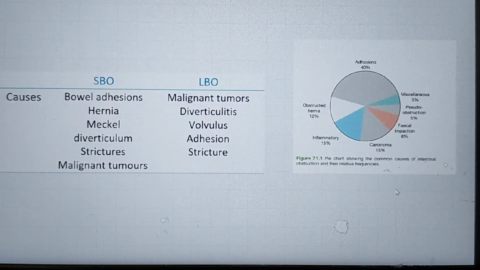Okay, so this is a table of the common causes of small bowel obstruction and large bowel obstruction, and also a pie chart showing the causes of intestinal obstruction. Let's take a look at the causes of small bowel obstruction first. The first one is bowel adhesion, followed by hernia, Meckel's diverticulum, strictures, and also malignant tumors.